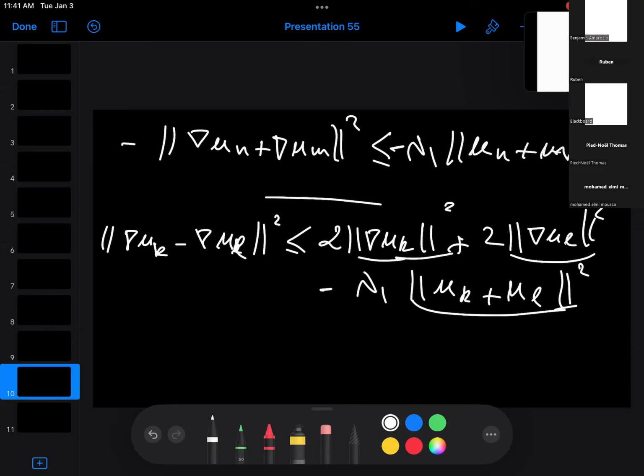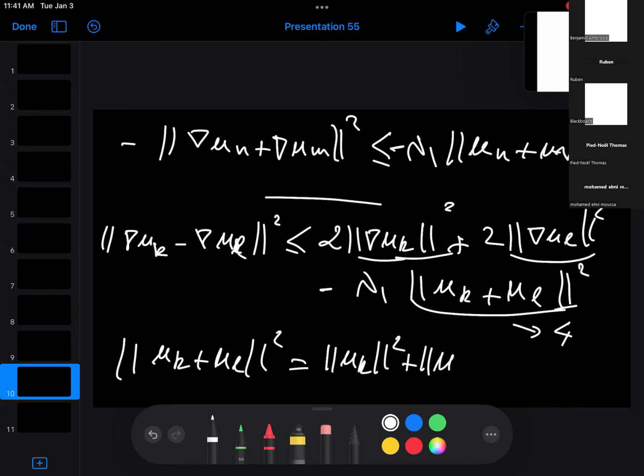Actually, this will be as close to 4 as I want if K and L are large enough. So why? So why UK plus UL square. This is exactly the scalar product in L2. So this will be UK square plus UL square plus 2 times the integral of UK UL.